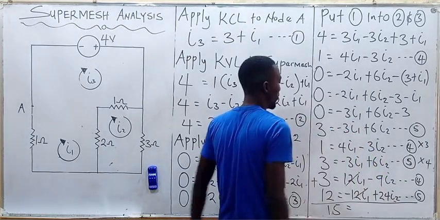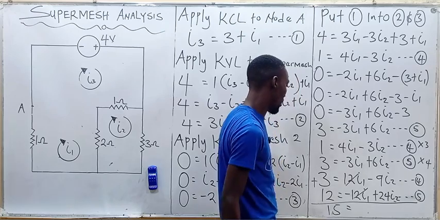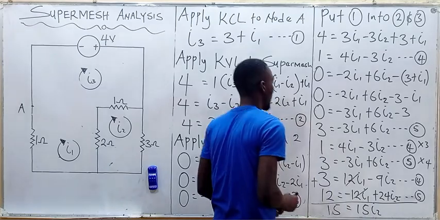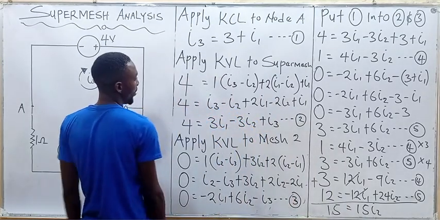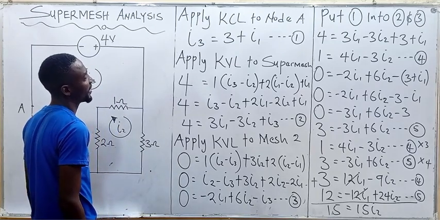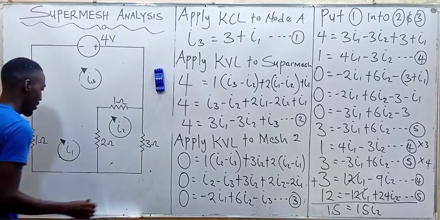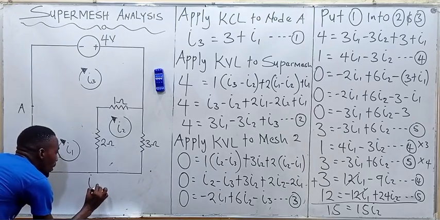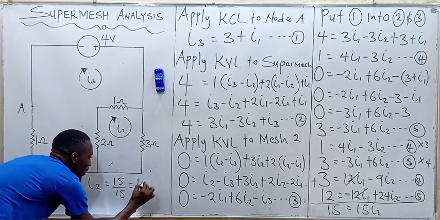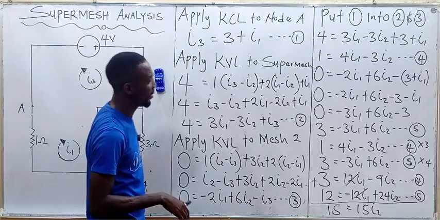That gives us 15, so 15I2. We divide both sides by 15 to get I2. So I2 will be equal to 15 over 15, which is 1 ampere. So I2 is equal to 1 ampere.